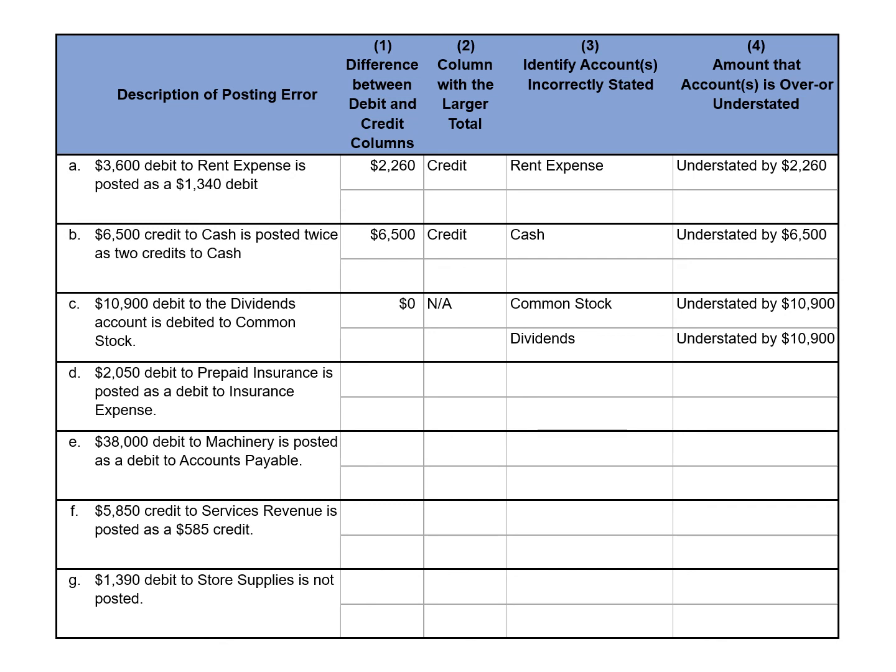In letter D, we had a $2,050 debit to prepaid insurance that got posted as a debit to insurance expense instead. So our prepaid insurance asset account is missing a debit, but our insurance expense account has that debit that it shouldn't have. And so our difference between our debit and credit columns is 0 because we have the debit, it's just in the wrong account.